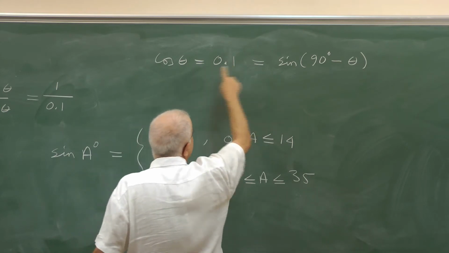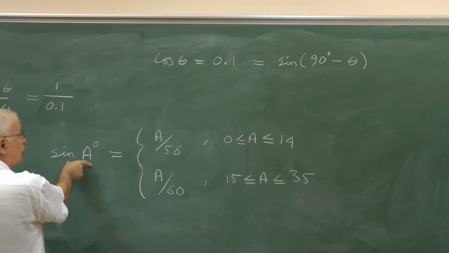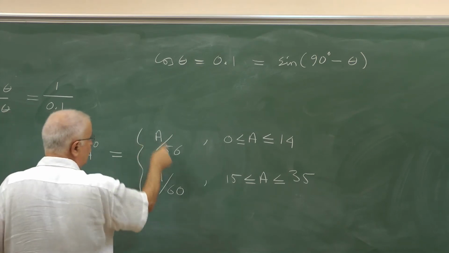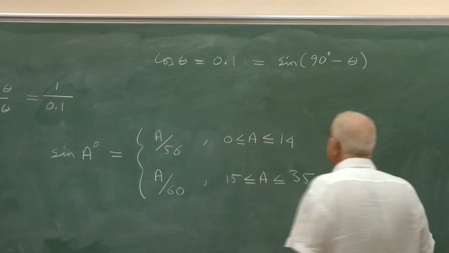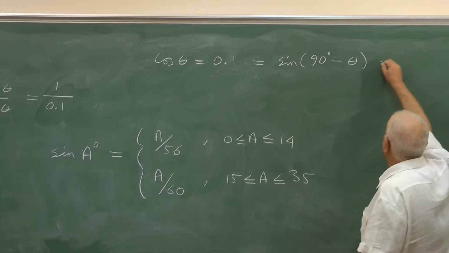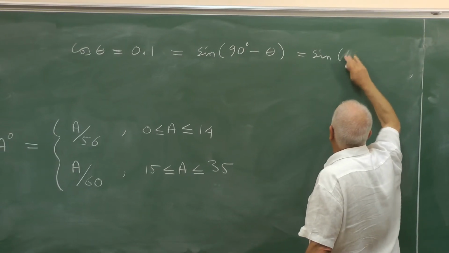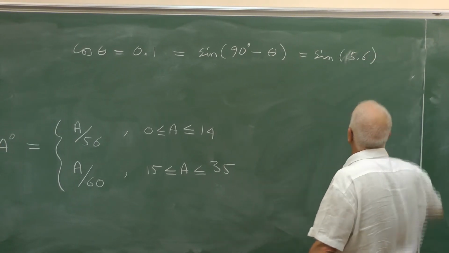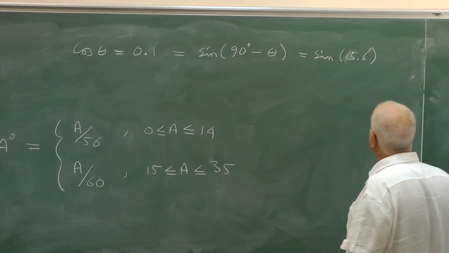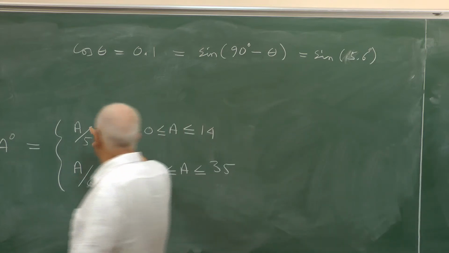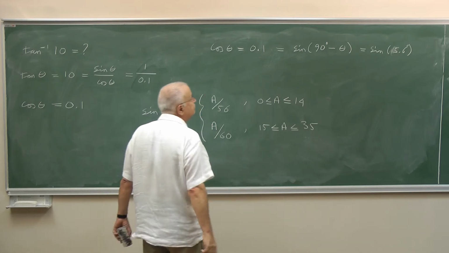Why? Because its sine is 0.1. If sine of some angle is 0.1, and that is over 56, then the angle should be 5.6 degrees, because sine of 5.6 degrees, according to this formula, is 5.6 divided by 56, which is 0.1.